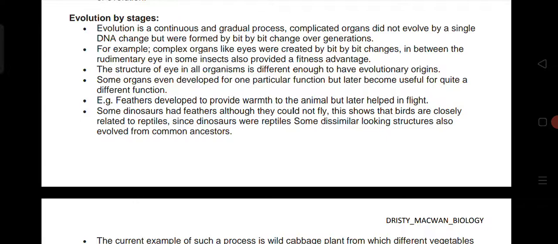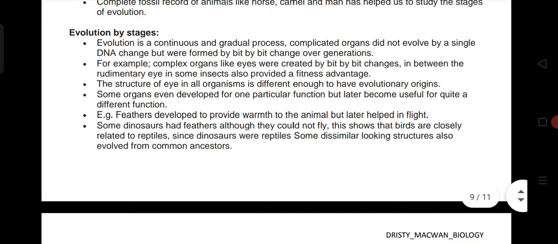Also, complicated organs do not evolve by a single DNA change. DNA is not the only thing responsible for making organs complicated, but they were also formed by bit by bit change over generations. So there were some changes carried out across generations which led to evolution.